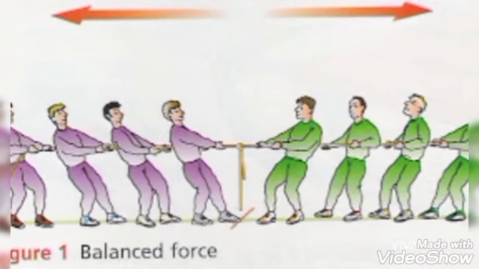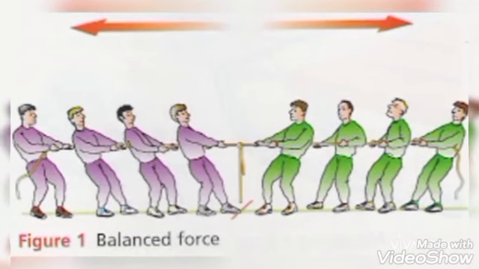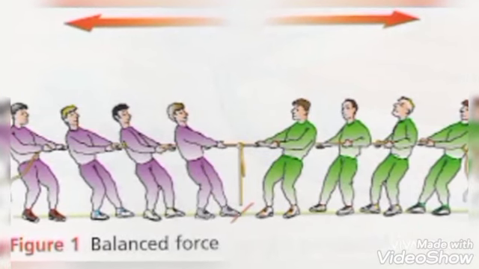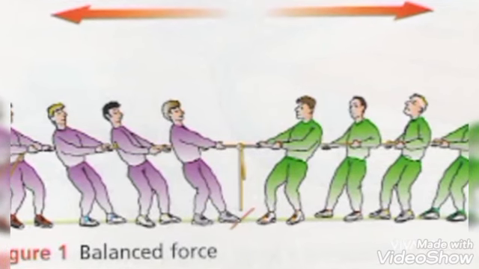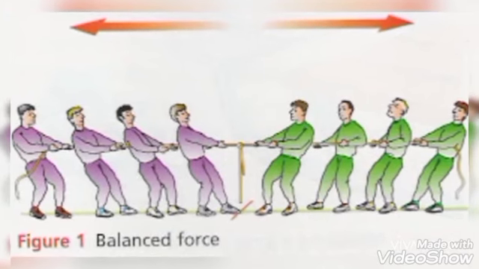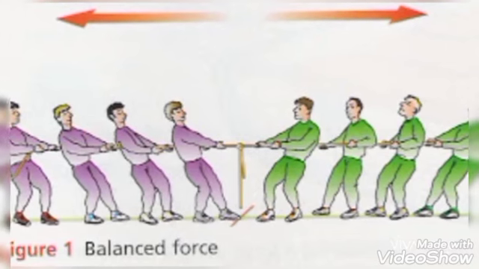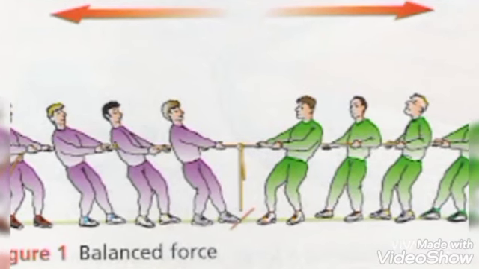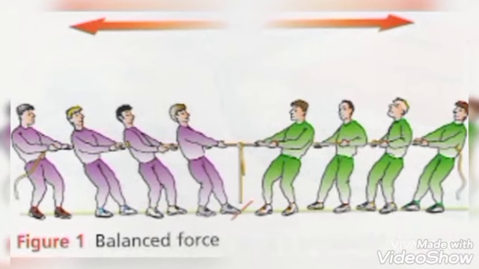That means these two teams are pulling the rope in opposite directions. Here in this picture, you can see the blue team has 5 men and the green team has 5 men. Both teams have 5 men. Then who will win the game?